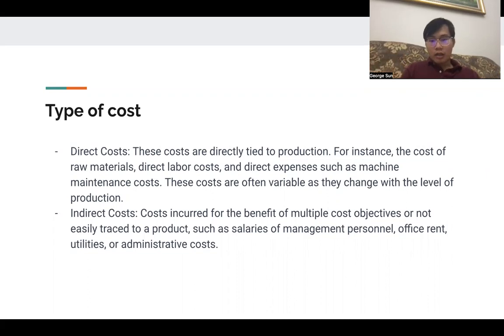And the indirect cost is from multiple cost objectives and not traced to my product, to my car. For example, the people I hire to manage my car company. And let's say my factory, I rented it out. The office rent is an indirect cost.